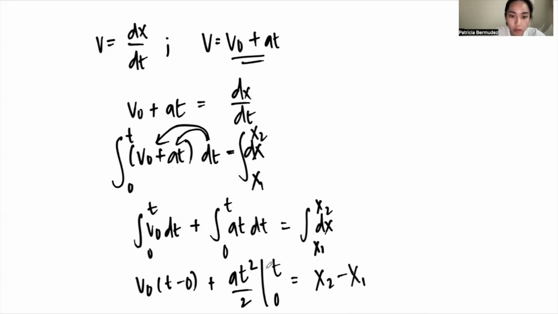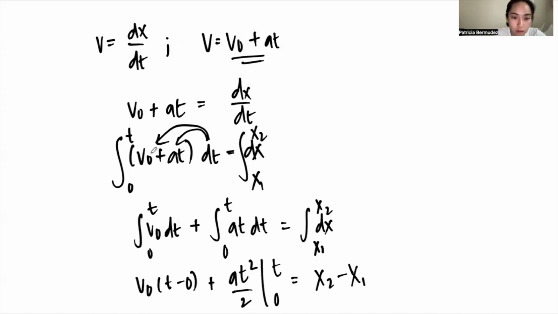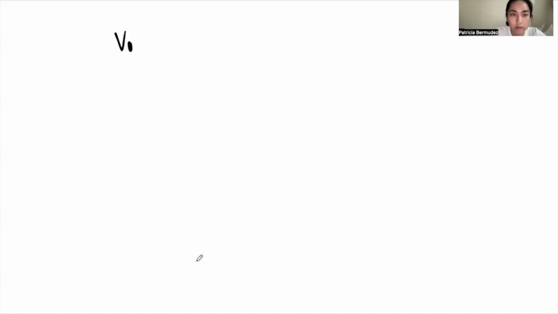So how do we simplify this definite integral here? We will have v naught t, because this one is canceled off, plus 1/2 a t squared minus 1/2 a 0 squared.